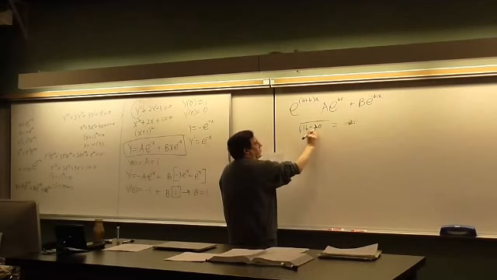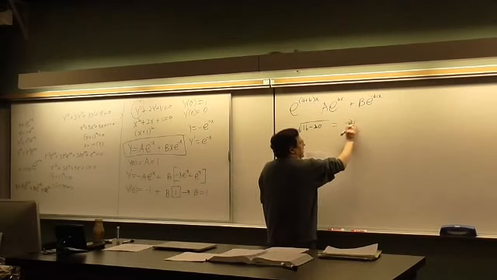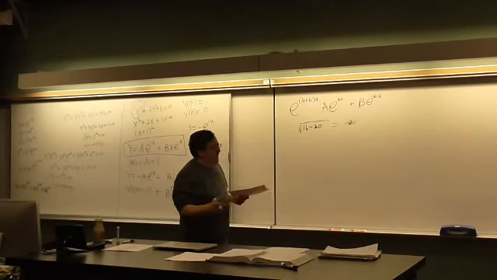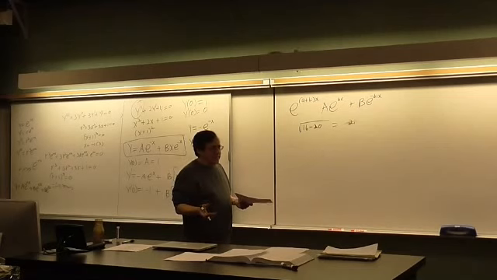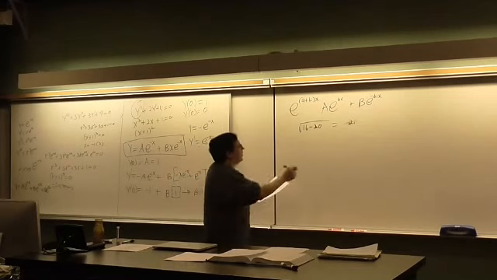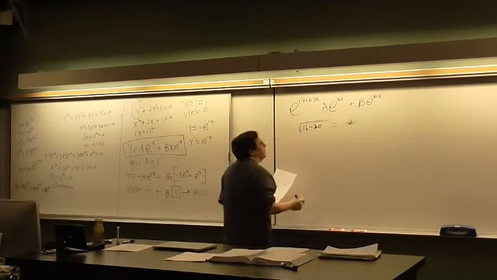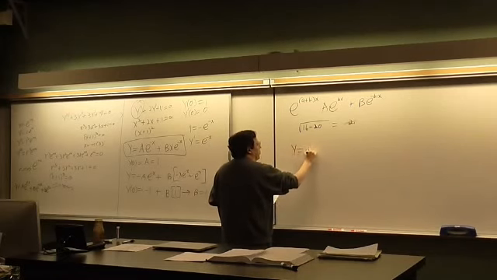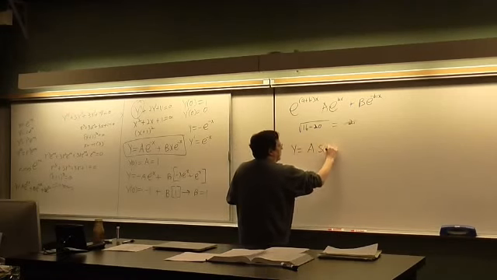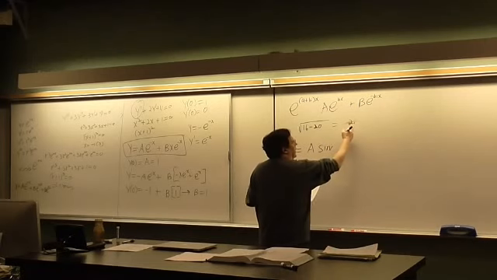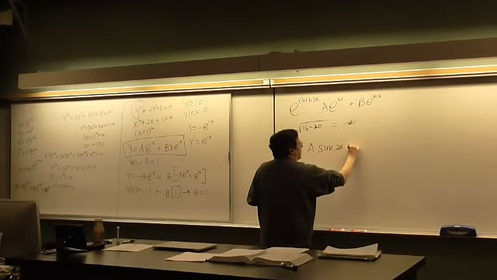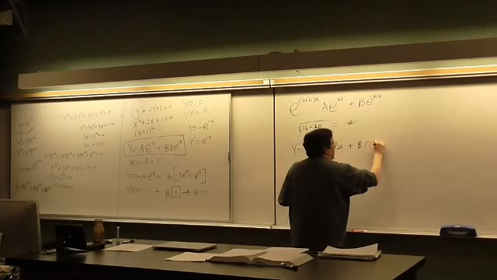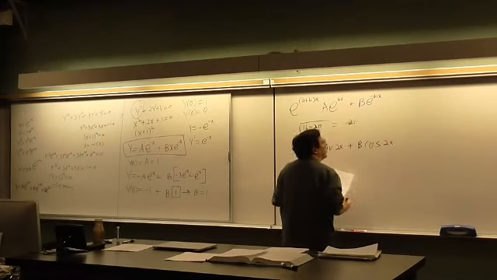Now, if the discriminant is less than 0, you get an imaginary number. And then instead of writing this as e to the b here, you would write it as y equals a times sine 2x plus b cosine 2x.